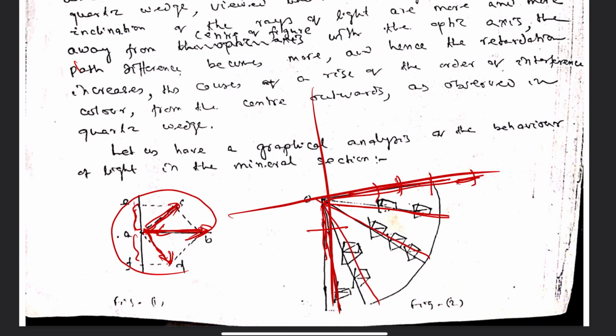So no light passes through, this is the darkness line. So these are the two dark lines at right angles. This is the 45 degree position, so this will be the direction along which there will be maximum intensity of light.